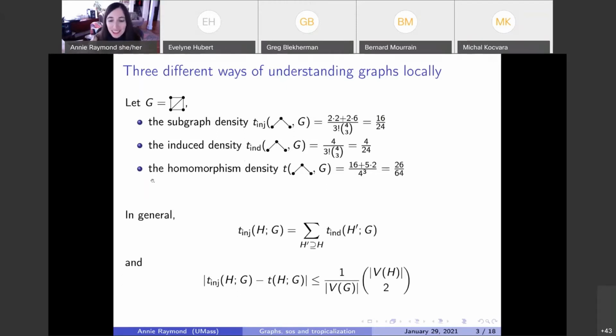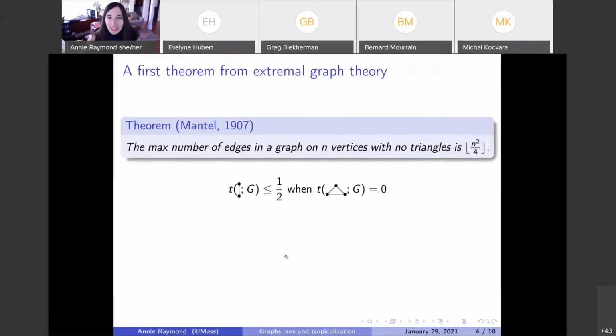All right, so let's reformulate Mantel's theorem in terms of densities. There we had that the max number of edges in a graph on n vertices with no triangle is n squared over 4. That's really saying that the homomorphism density of an edge within any graph G is at most 1/2 if the triangle homomorphism density in that graph G is 0.